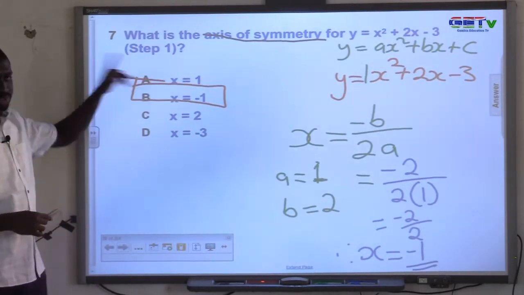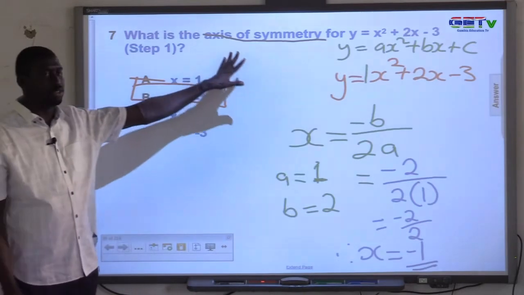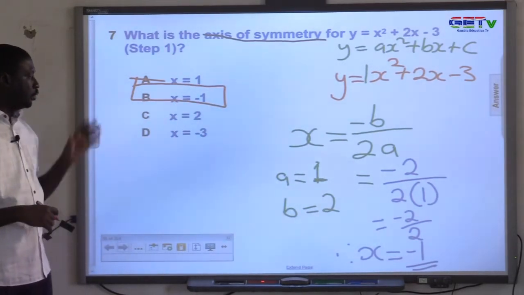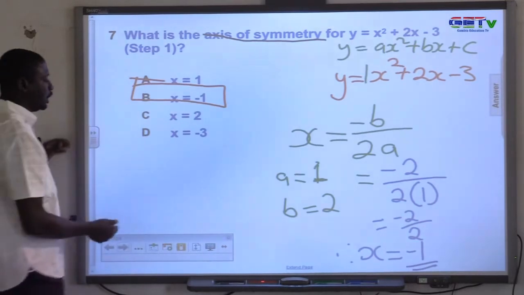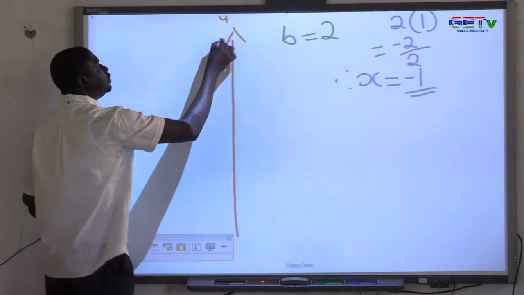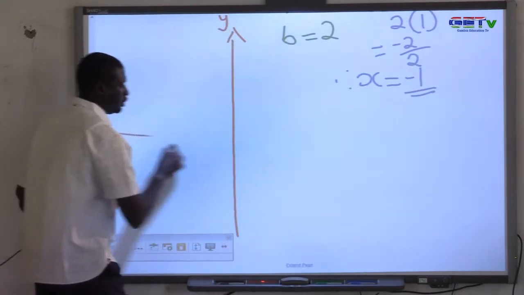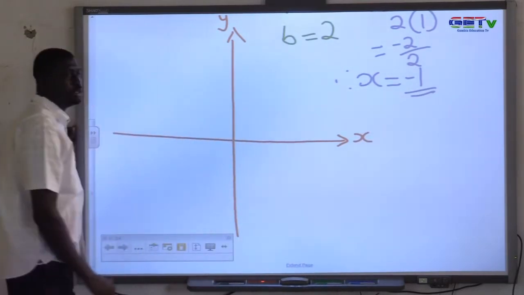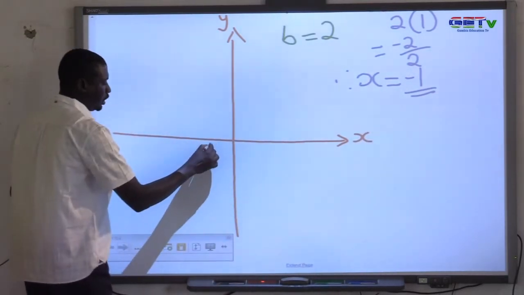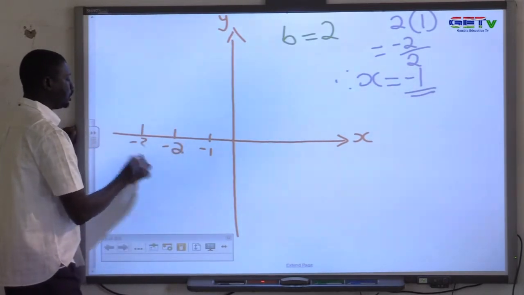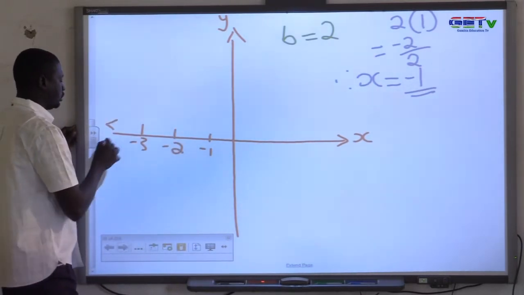So that's the first step. Step 1, we solve for the axis of symmetry. And the axis of symmetry here is x equals negative 1. Why is this important? Because this will help us. Let's say this is the y-axis and our x-axis. We have values, let's say negative 1 here, negative 2, negative 3, and so on.